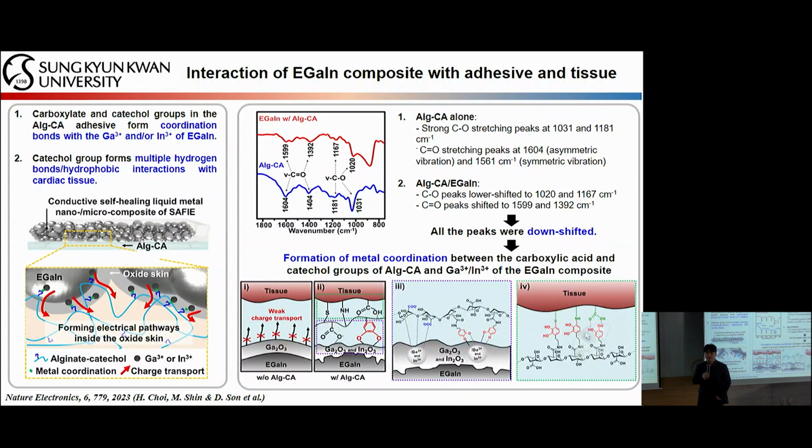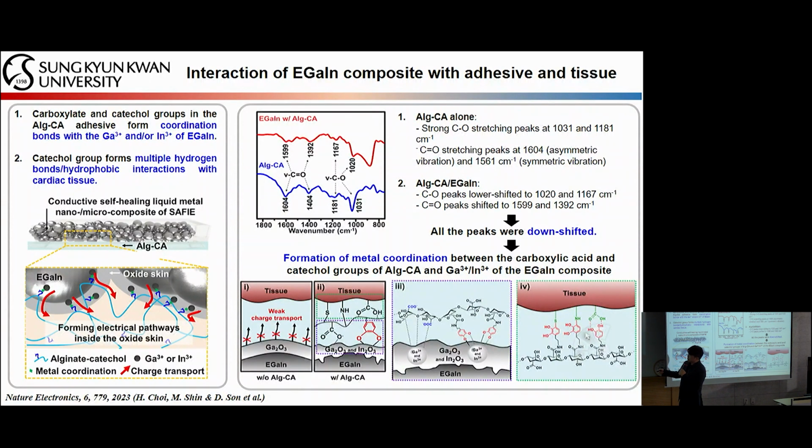It means it has an insulating oxide layer on the outer surface, the oxide skin. That is gallium oxide, Ga2O3, which is highly insulating. Those insulating layers prevent effective charge transfer between the liquid metal and the cardiac tissue. So we should resolve this.